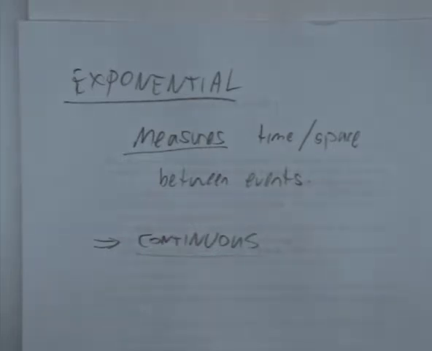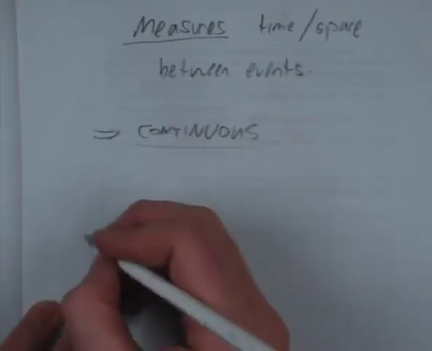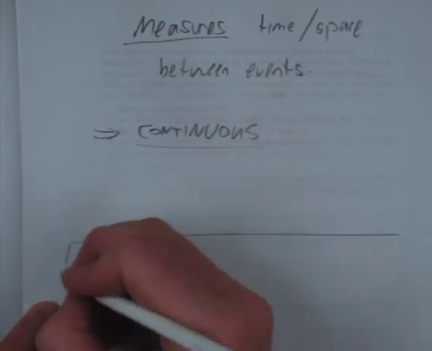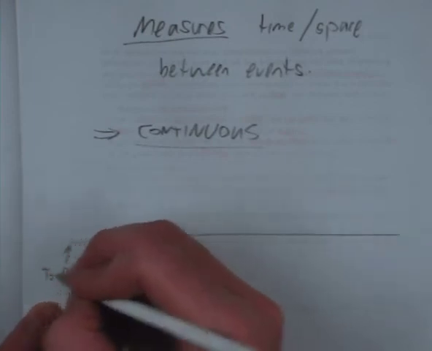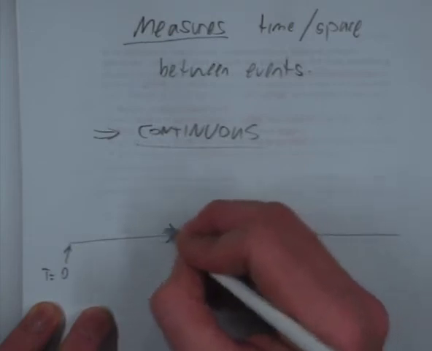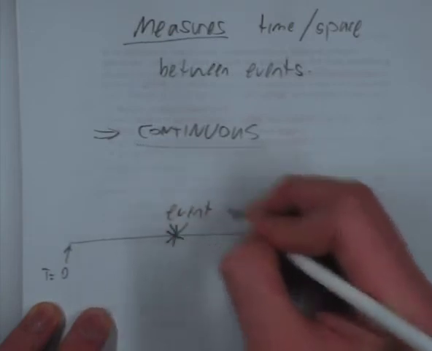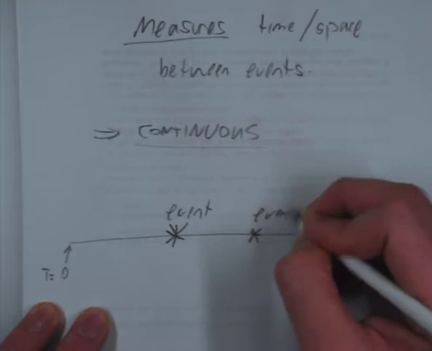And in the Poisson, you take a fixed amount of time and you count how many times something happens. The exponential is the other way around. You actually take an event and you measure how far apart they are. So they're the same situation. So the idea is that here is the beginning of time. Time equals 0. And you might have an event here, like that.